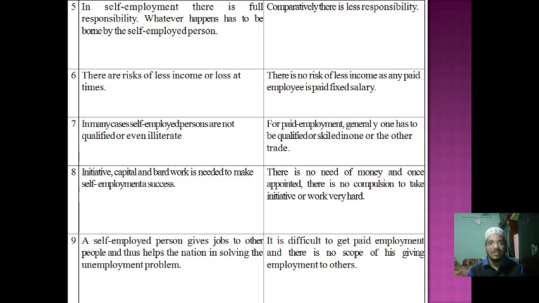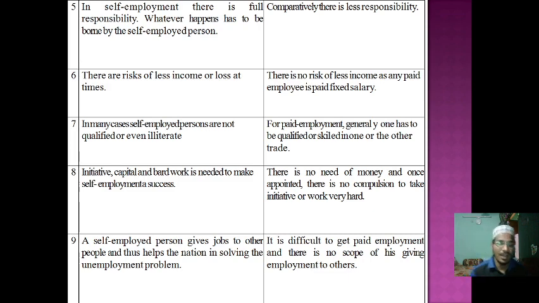In many cases, self-employed persons are not qualified or even illiterate. They are not qualified because they have the money, and that's why they run the manufacturing, production or organization.